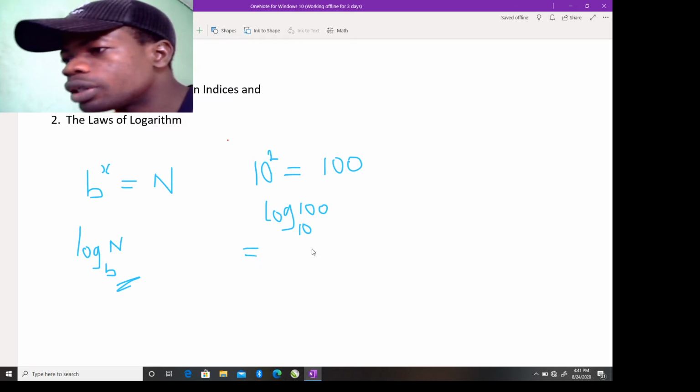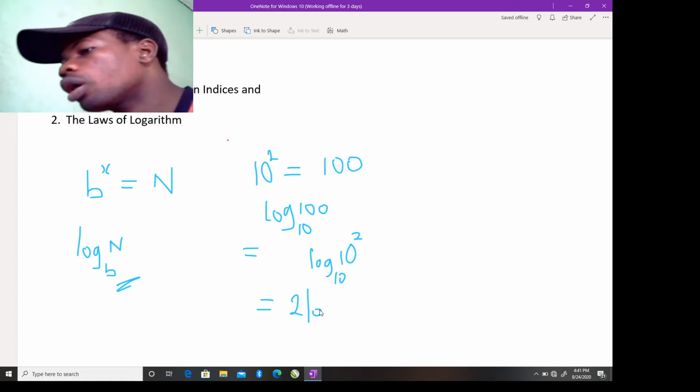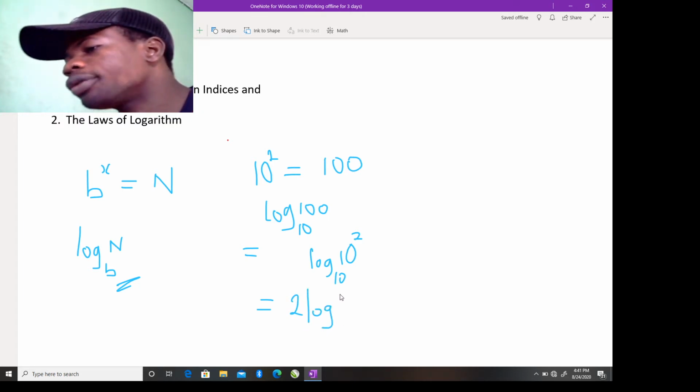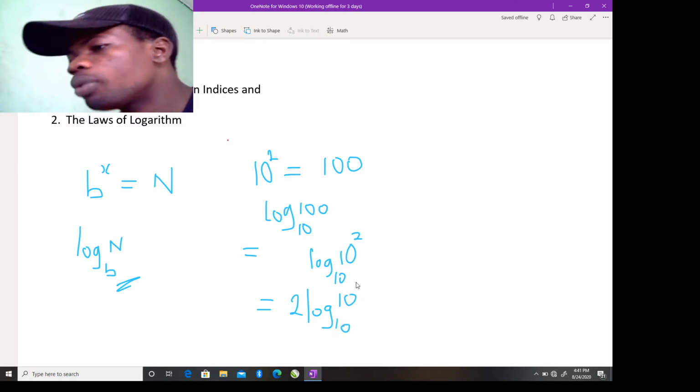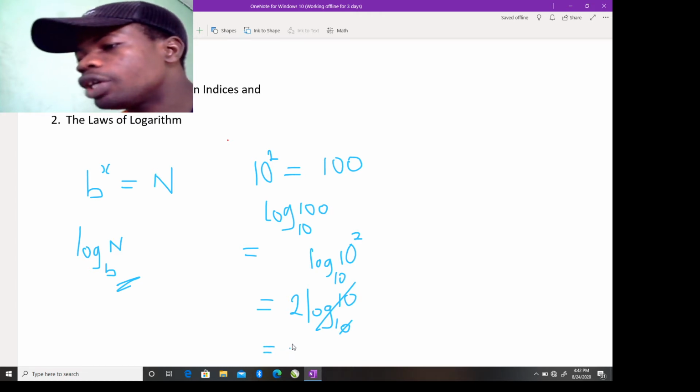Log 100, that means log 10 raised to power 2 base 10. So that will become 2 log 10 base 10. What happens there? This goes with this. So the final answer there is true.